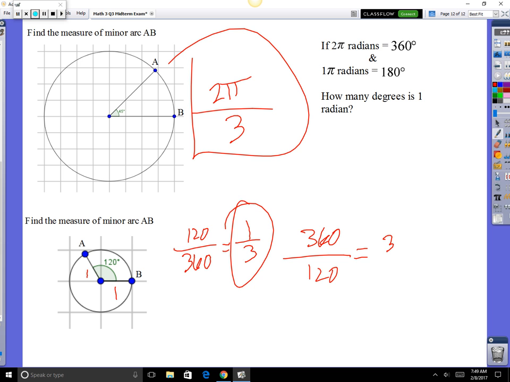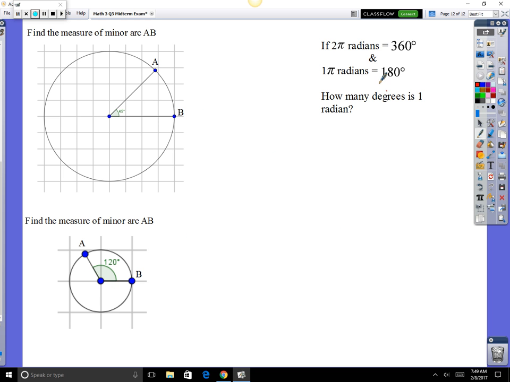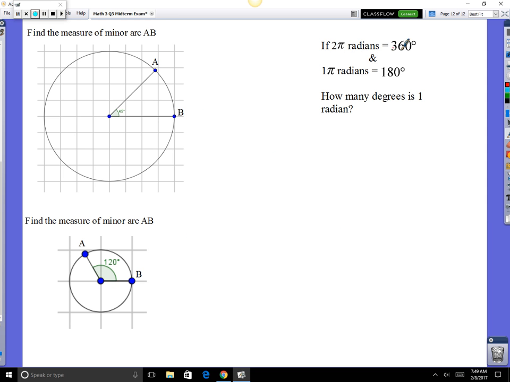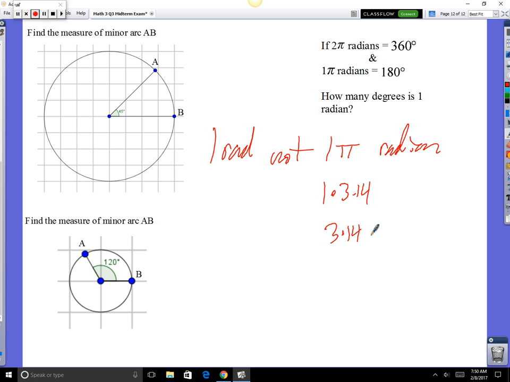Okay, last one. If you know that 2 pi is 360 and 1 pi radians is 180, how many degrees is just 1 radian? So 1 radian, not 1 pi radian. So pi is really 1 times 3.14. So this is like 3.14 radians equals 180 degrees.